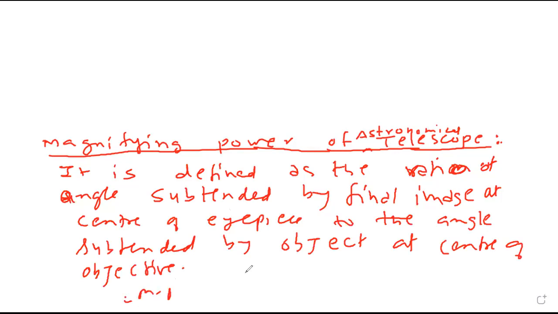Therefore, magnifying power is beta upon alpha. But it is not the object placed at DDV. The object may be anywhere, angle subtended by the object at the center of the objective. Write this magnifying power of astronomical telescope.